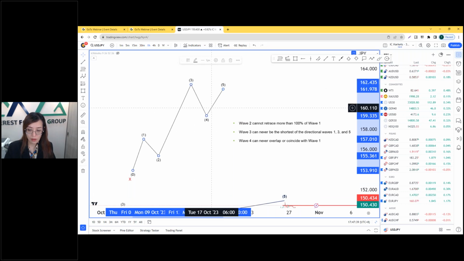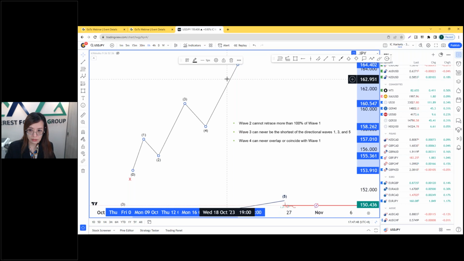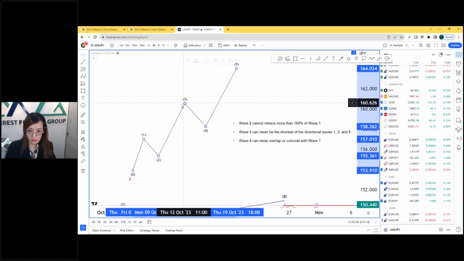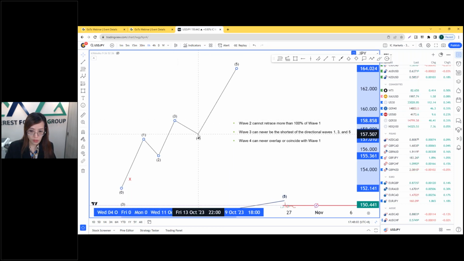It could be the longest like this, or it could be shorter. This is considered Elliott wave as well, but it will never be the shortest of the three waves. Let's say this is wave 1, the distance of wave 1, and then this is wave 3 like this, and this wave 4, and then this wave 5. No, this is not called Elliott wave.